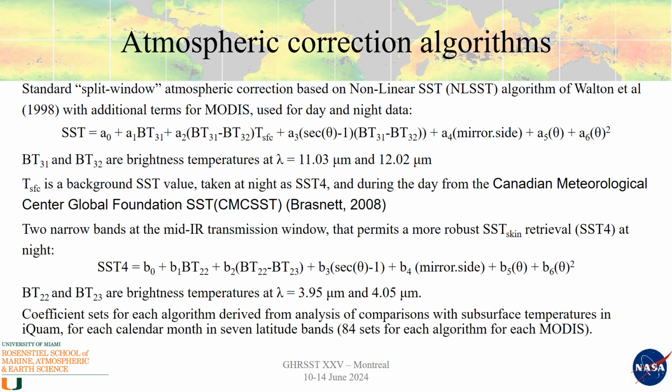That is for matchups south of 40 degrees south, between 20 and 40 degrees south, between the equator and 20 degrees south, between the equator and 20 degrees north, and so on, with the most northerly band being north of 60 degrees. So there are 84 sets of coefficients for each algorithm.